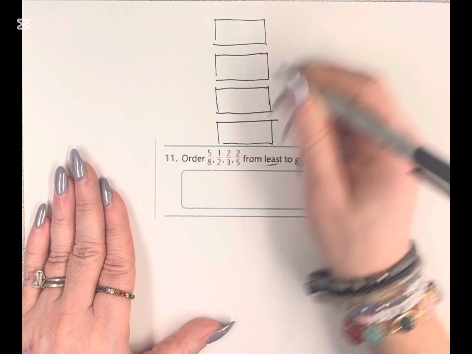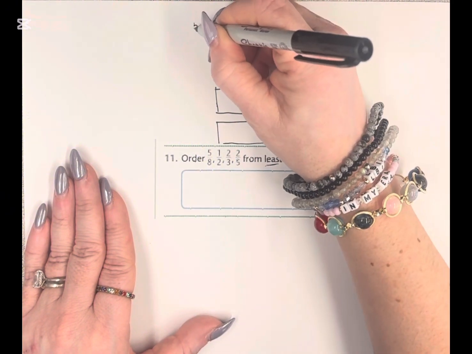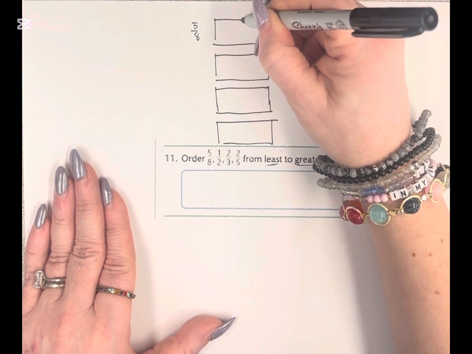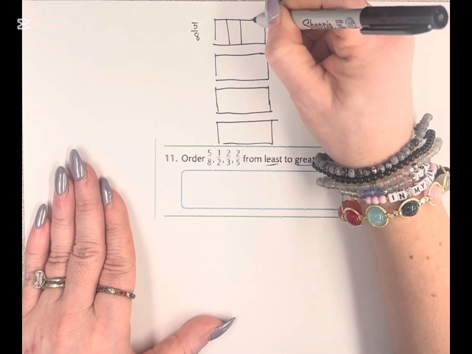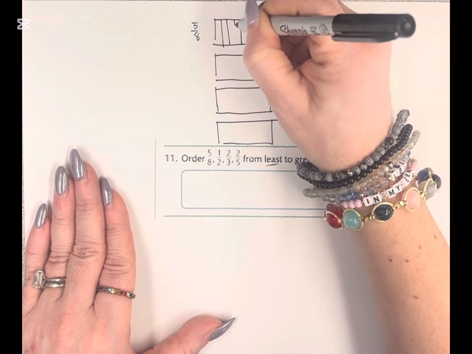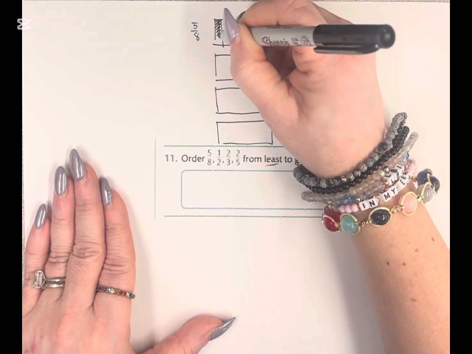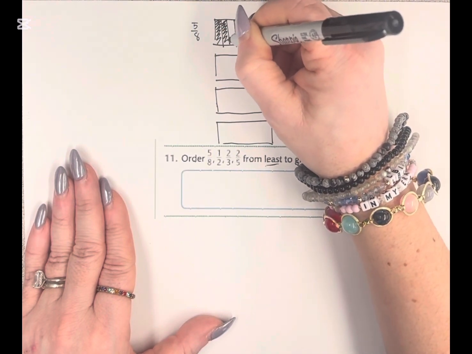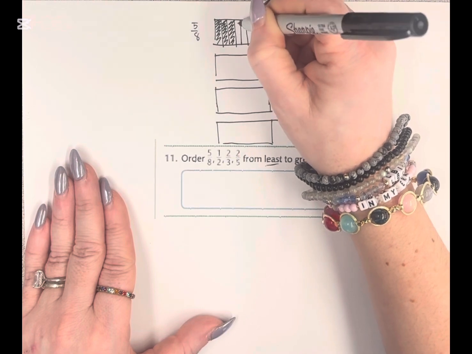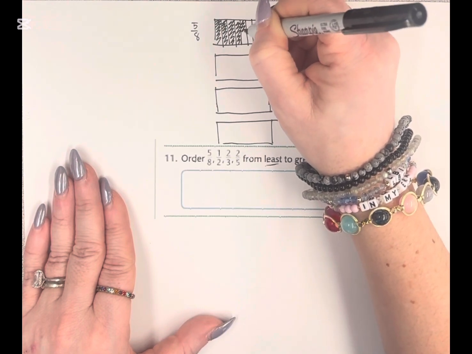So I am going to make this one 5/8. So I'm going to split this into 8 pieces. And then I'm going to color in 5. 1, 2, 3, 4, 5.